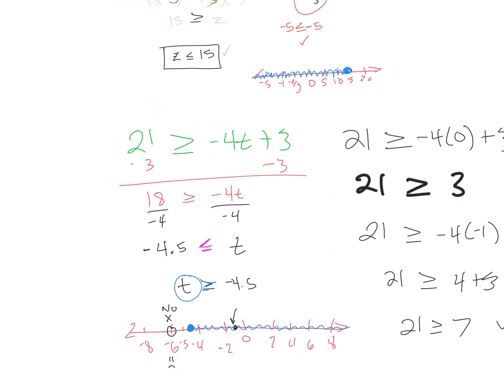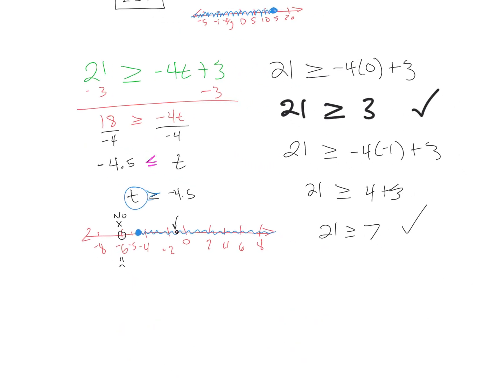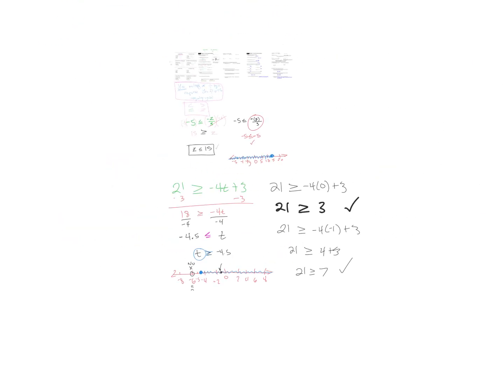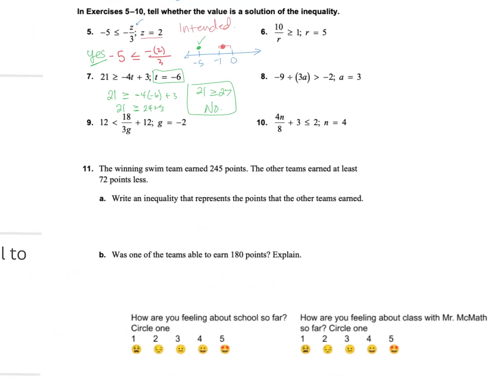But I'm just showing you that I solved it. I did that right here. I solved it, okay? And I know that every number from -4.5 up works. Great. That's just great. We got it.